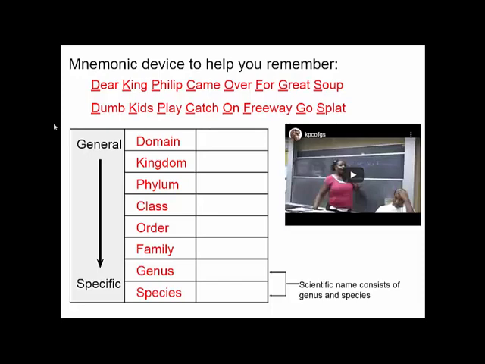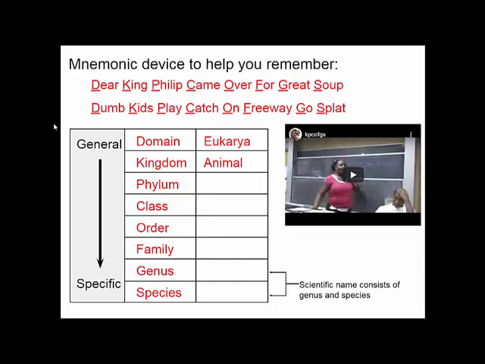Let's look at where humans fit in here. Our domain is eukaryote. Now what kingdom are we in? Animal kingdom.